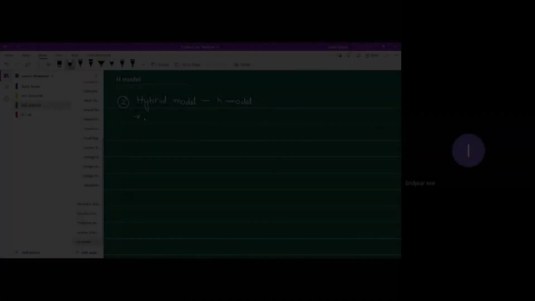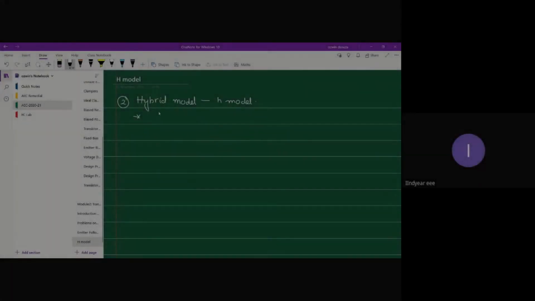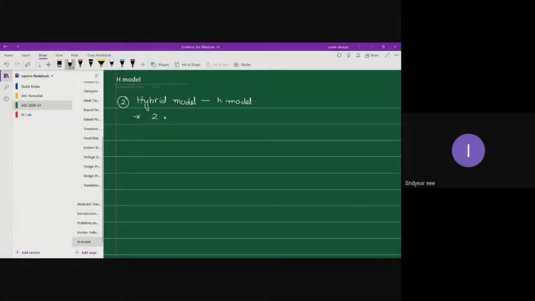So this H model is on the basis of, once again, two-port network parameters. What we have to do in case of a two-port system is identify two independent variables and two dependent variables.